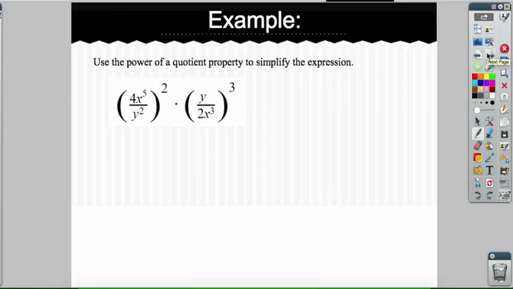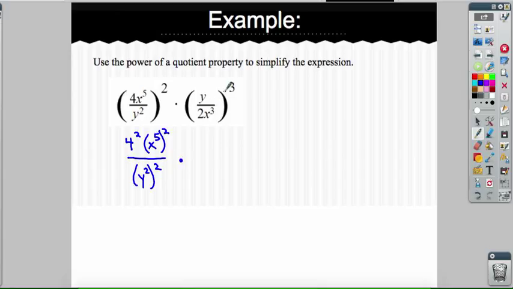So it says use the power of a quotient property to simplify the expression. So when we have problems like this, not only are we going to have these quotient rules, but we're also going to have all the rules that we have learned along the way. So inside of each parenthesis is going to get this first squared term. So I'm going to have 4 squared and x to the 5th squared over y squared squared times my second fraction, I'm going to do the same thing.